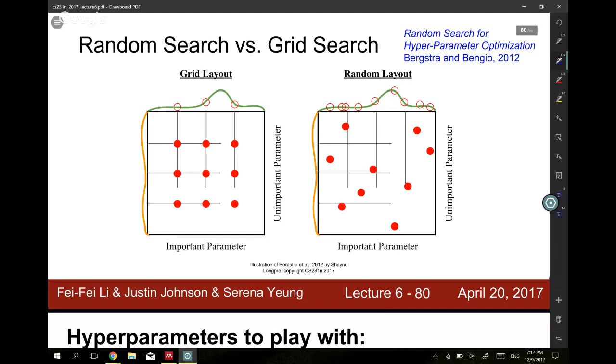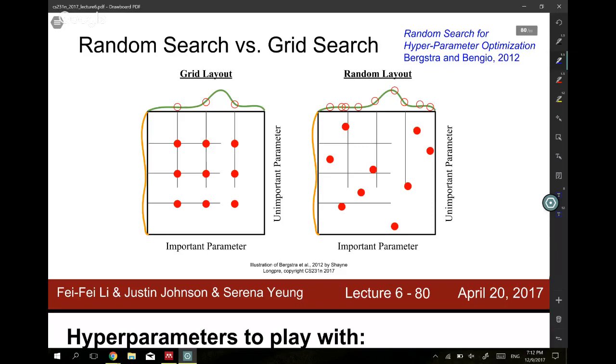these graphs represent the true effectiveness of the parameters in some way, which is kind of hidden to you when you're doing this optimization, right? You're trying to discover the nature of this function. And one of the parameters is unimportant and one is important, but that's not known to you a priori.